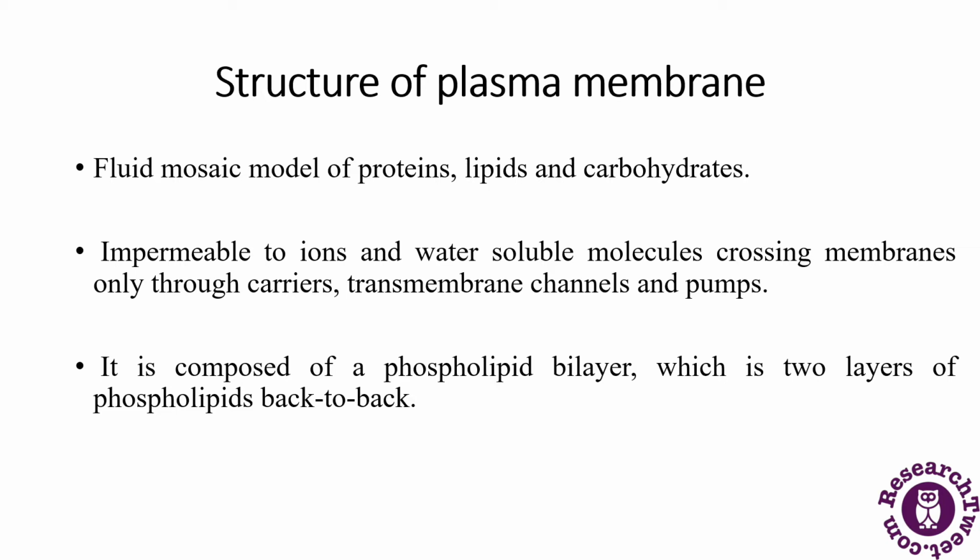It is composed of a phospholipid bilayer, which is two layers of phospholipids back to back. It is responsible for regulating the transportation of the material and the movement of substances in and out of the cell.